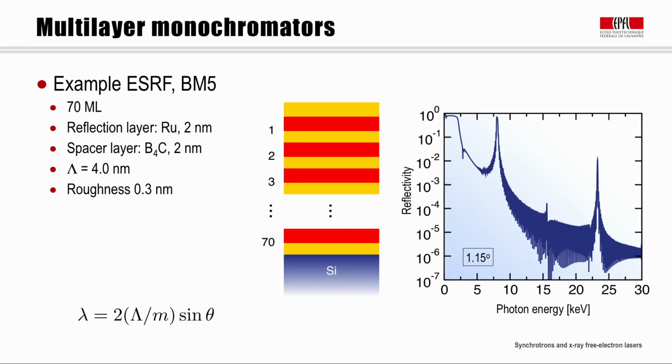The first harmonic is at 8.01 kiloelectron volts, shown here. The third harmonic, however, is not at 3 times this value, that is 24.03 kiloelectron volts, as we might have expected from our equation shown in the previous slide, but instead it is in fact at 23.27 kiloelectron volts, which is 760 electron volts lower in energy.